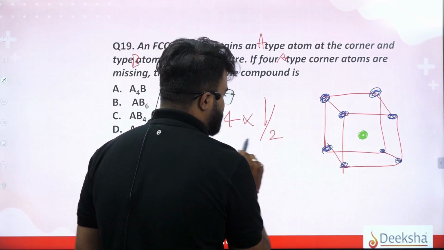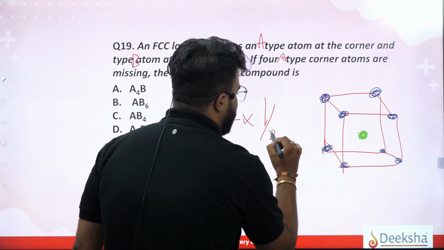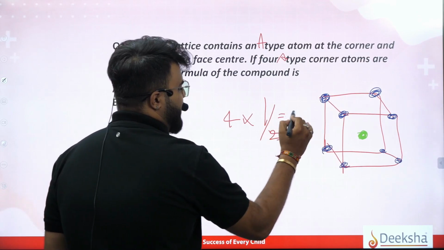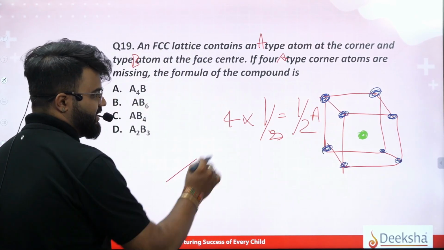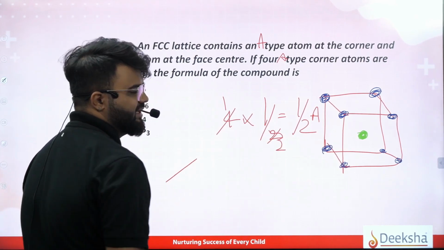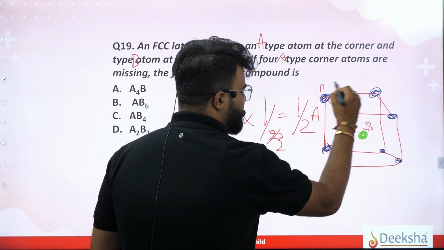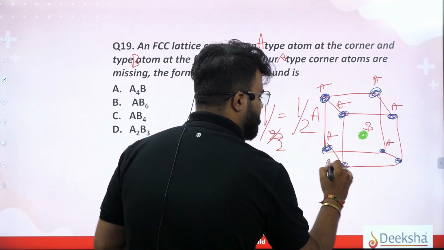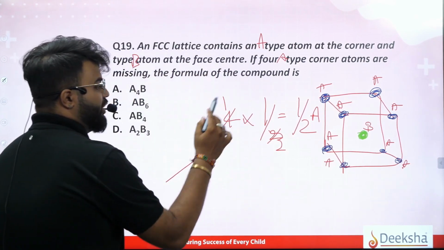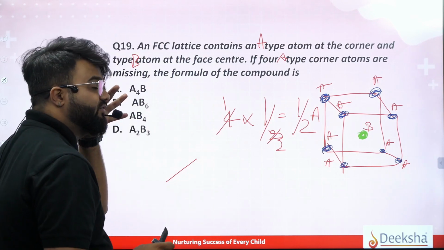So how many atoms does half make? 1 2 3 4 5 6 7 8, it constitutes 8. Then your answer will be half of A. That is, 4 ones are 4, 4 twos are 8, that is half A. These are all A, it is 8A, right? 4 into 1 by 8 gives how much? 1 by 2. It is a half.